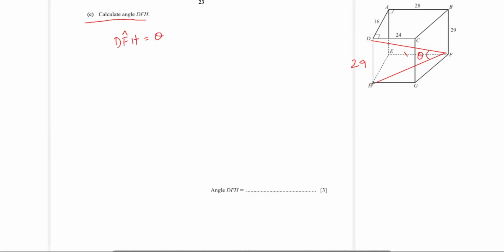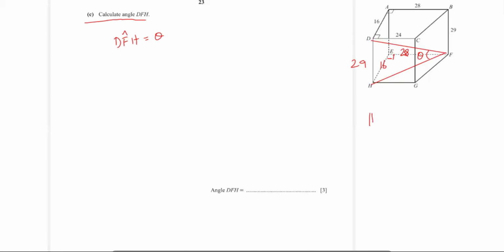You see here we can find the HF length. EH length is equal to DA, and DA is 16. And EF length is 28, because EF and AB are the same length. Now this is a right angle triangle.